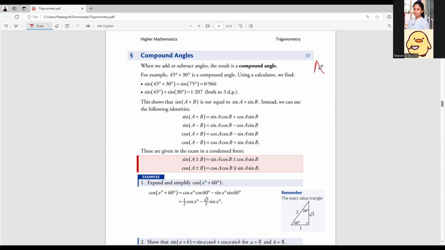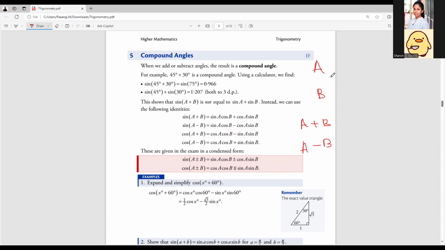Let's assume we have two separate angles A and B. If we add these two together, then we have A plus B as the compound angle. If we take the subtraction of these two angles, then we have A minus B. Again, we have a compound angle. So for these kinds of angles, we call them compound angles.